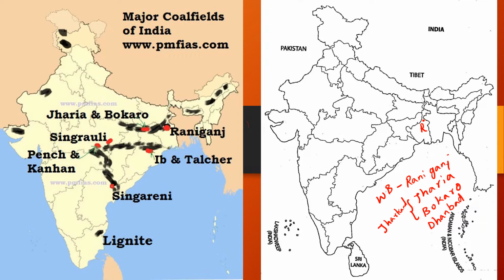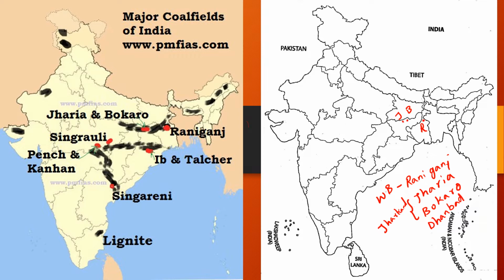Exactly near to that you can mark them in the border: Bokaro and Jharia. These two are nearby. You can mark them as B and J, B for Bokaro and J for Jharia. So these two are in the Jharkhand state.